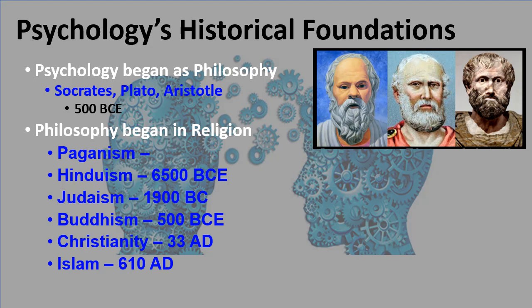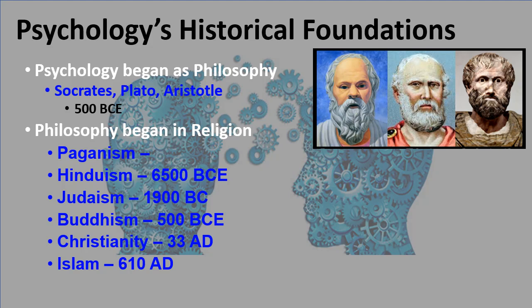The first religion, although they would say it's more a way of life, but they do refer to gods, is Hinduism. It started a long time before Judaism, and then Buddhism came along as kind of like the Protestant Reformation for Christianity.